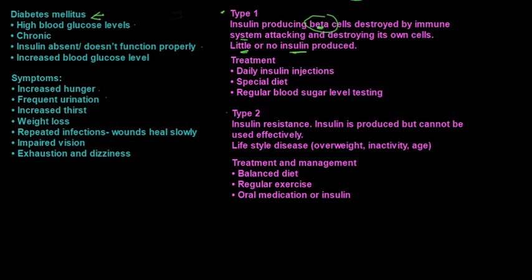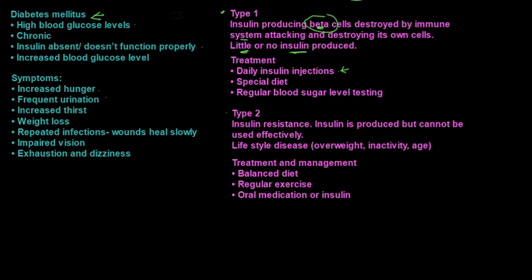So the treatment here would be daily insulin injections. In serious cases, you can even get an insulin pump that is built in that will do these injections for you. A special diet needs to be followed, and then regular blood sugar level testing. So you'll see that people generally after meals, they'll have those little machines where the finger is pricked, and then they put the blood on those little platelets and then into the machine that will give them a reading.